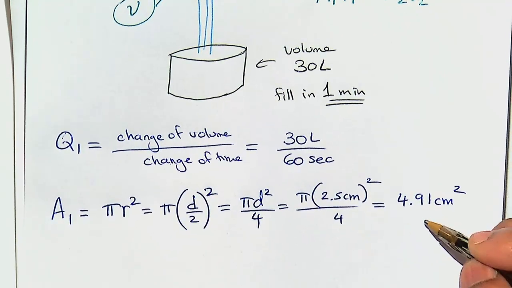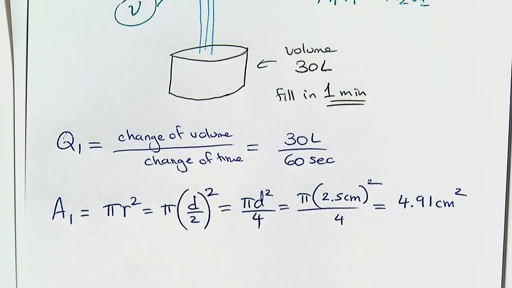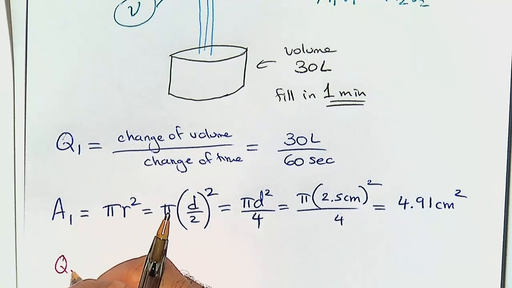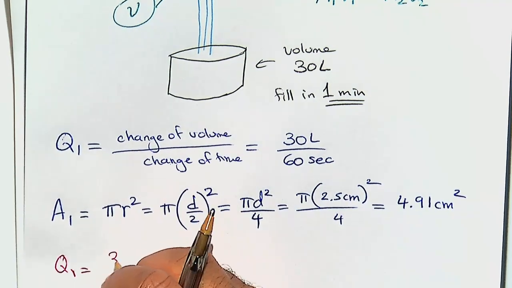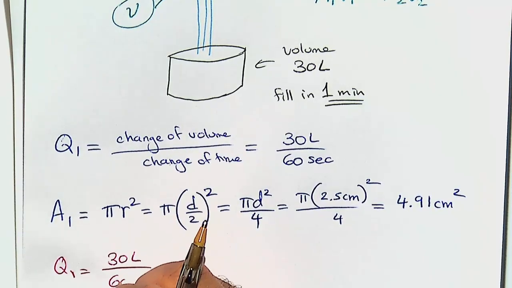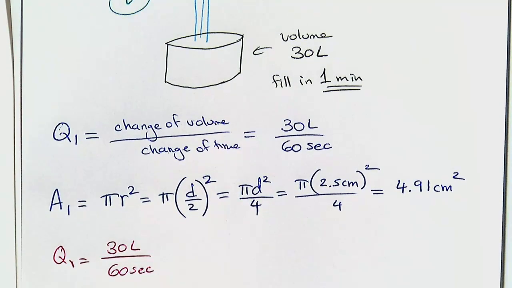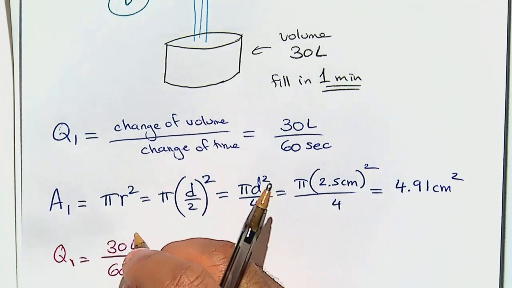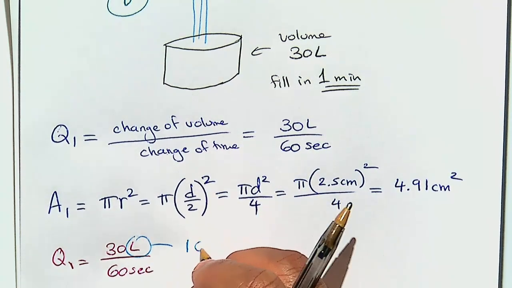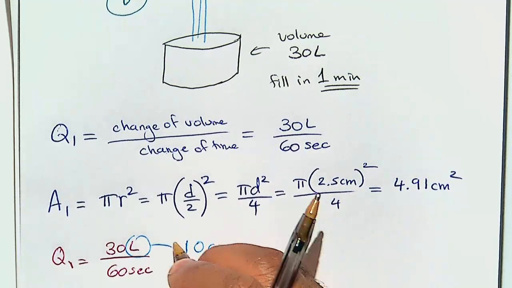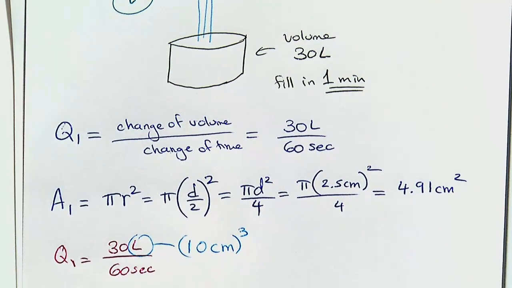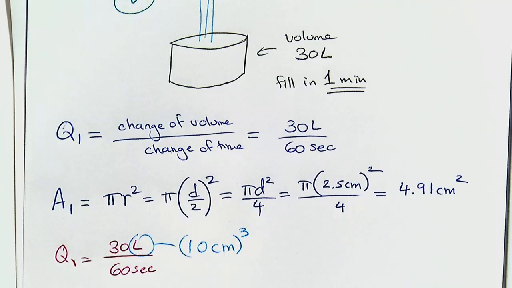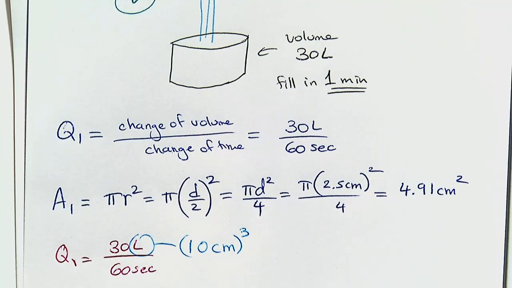Okay, so we have the area. So then we can say Q1 is 30 liters per 60 seconds. Okay, what is a liter? Just think about what a liter is. When we say 1 liter, what do we mean? We mean a cube that's 10 centimeters on each side. If you have a ruler in front of you, 10 centimeters by 10 centimeters by 10 centimeters, that cube is a liter.